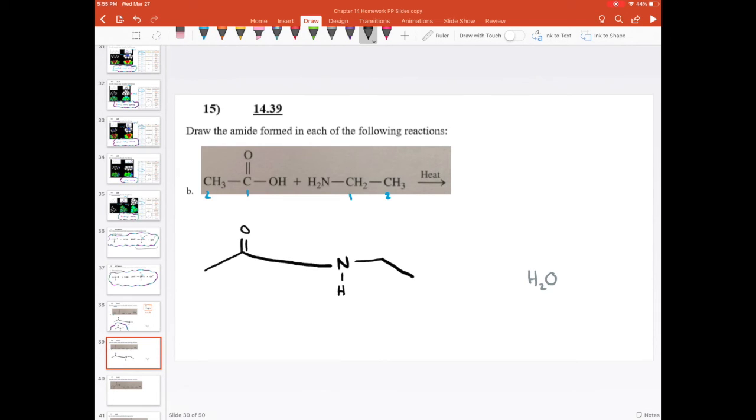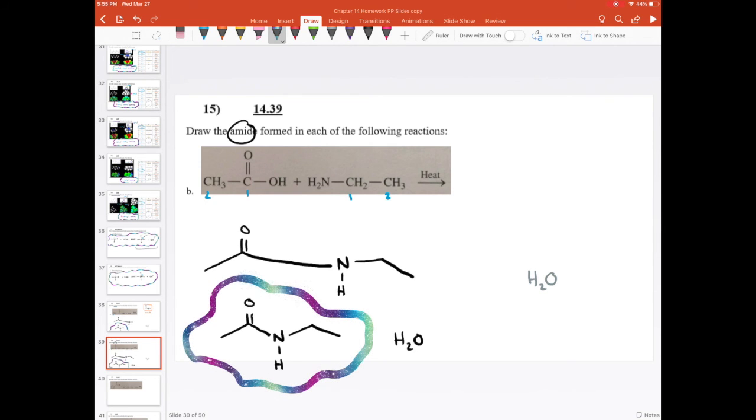You don't want to leave that awkward long bond there, so you redraw it. And that would be your product. Now you'd also get H2O, but they're asking you for the amide that you form. And so this is an amide because it has that carbon double bonded to oxygen, single bonded to an amine.